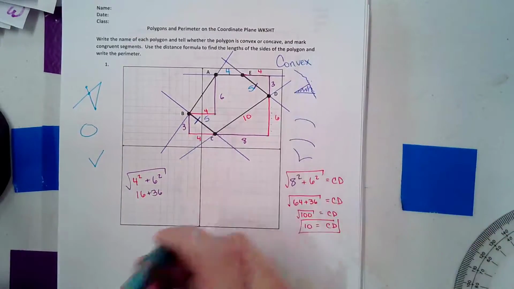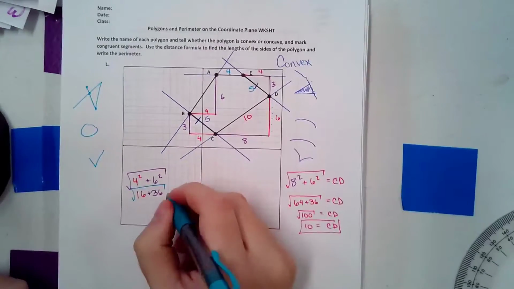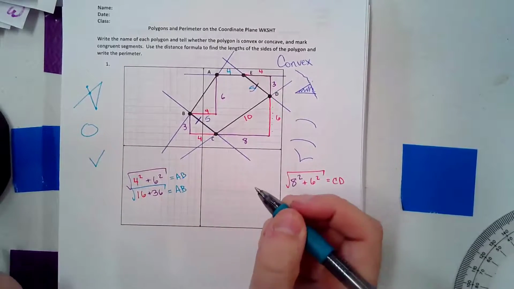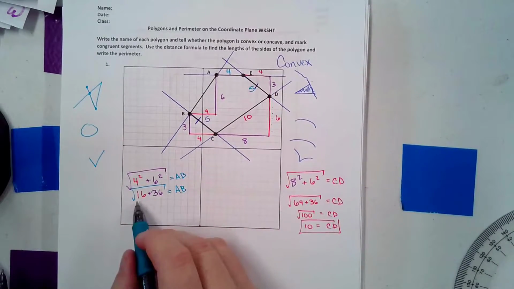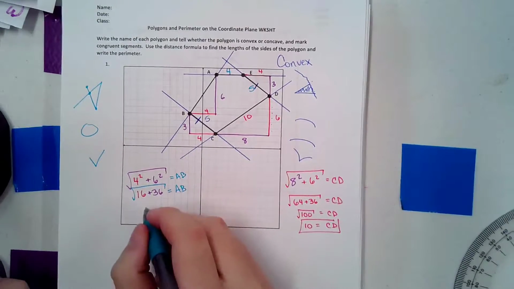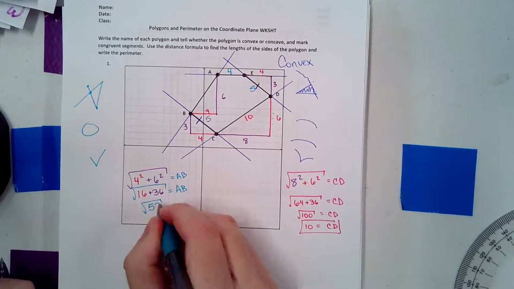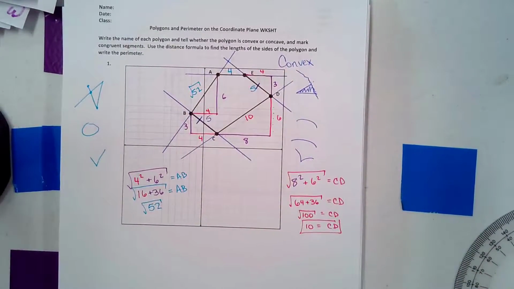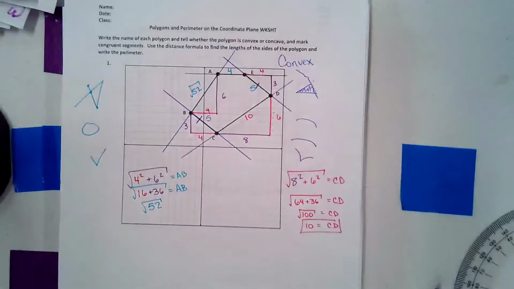And 6 squared is 36. And that's going to give us the length of AB. Well, it's 16 and 36. Better question. What's 36 and 10? 46. What's 46 and 6? 52. So root 52, which sounds like a fun place to drive. So that's root 52, which is not 10, right? Because root 100 is 10. So we have two congruent sides, and the rest are not.